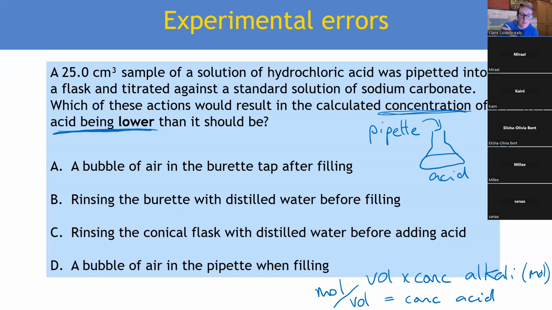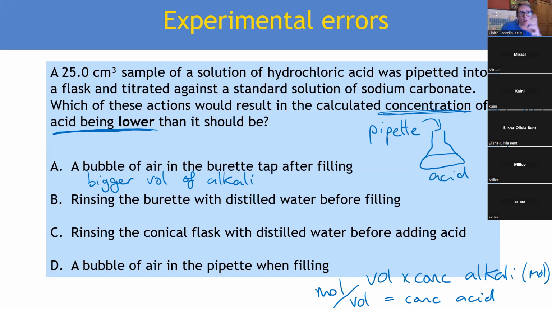So what that does is it gives you a bigger volume of alkali than what you're supposed to get, because some of that volume was air. If your alkali volume is bigger, your moles of alkali will be bigger than it's meant to be, which means your moles of acid will be bigger.